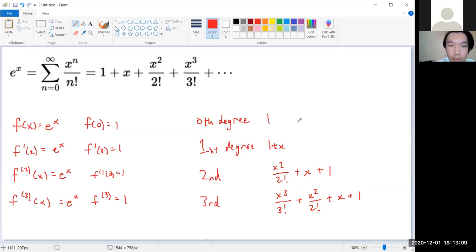So let's see what happens if we take the derivative of all these polynomials and then evaluate at the center. For the first polynomial, the 0 degree, when we evaluate it at 0, we're going to get just 1, right?